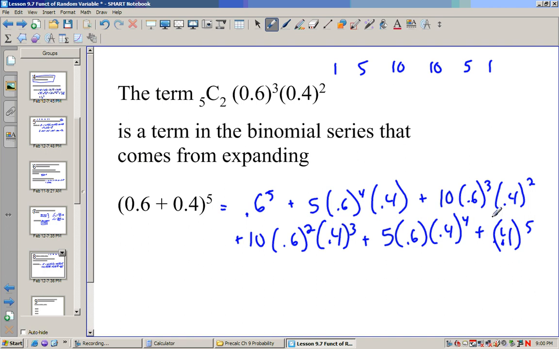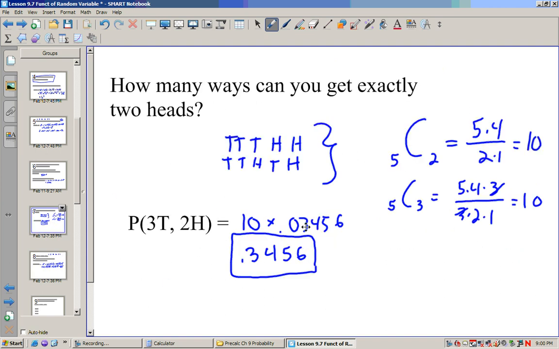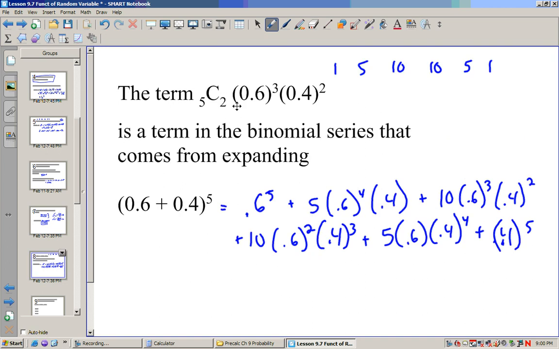Now we've expanded this. We've also found out that this right here, 5 choose 2 times 0.6 to the third times 0.4 to the second, is the probability that it will get tails 3 times and heads twice.